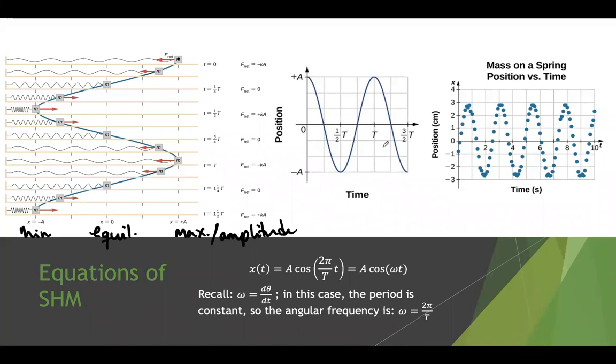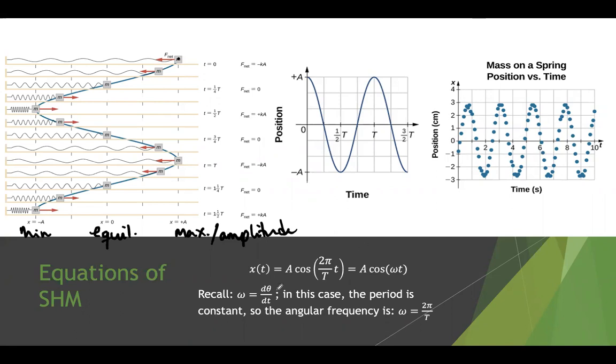Okay, so this is defined as one period, one oscillation, one cycle, all the same idea, okay? Now, they have also compared this with the mass on a spring, the position versus time, and we see the same type of sinusoidal waves, okay?